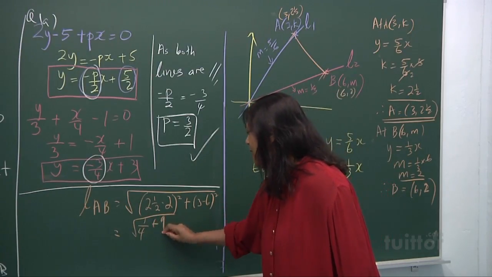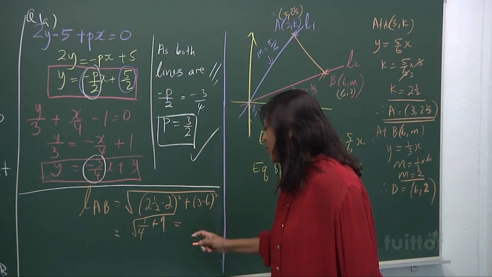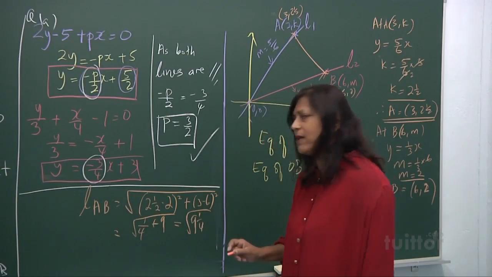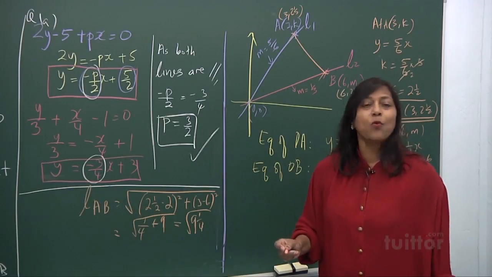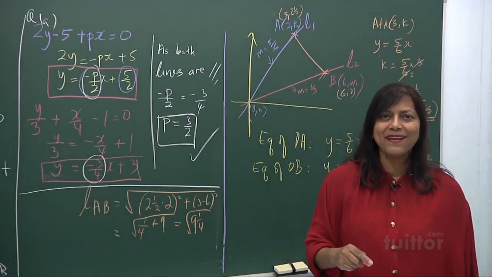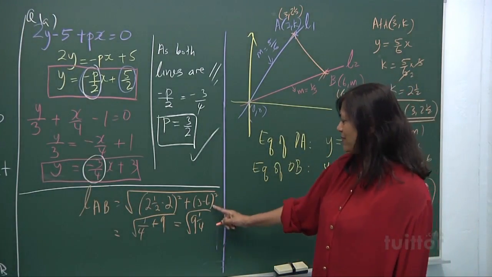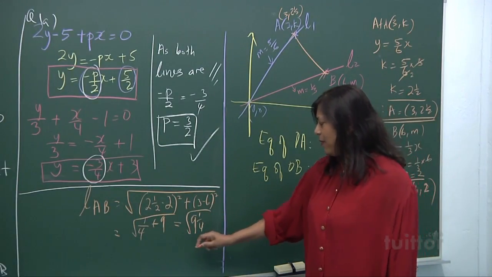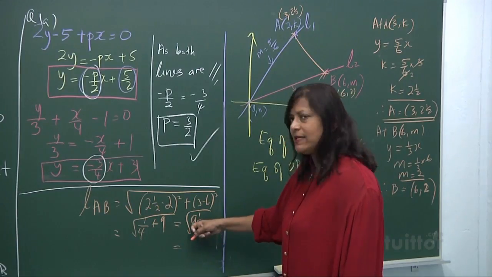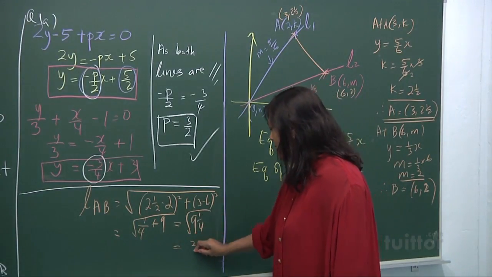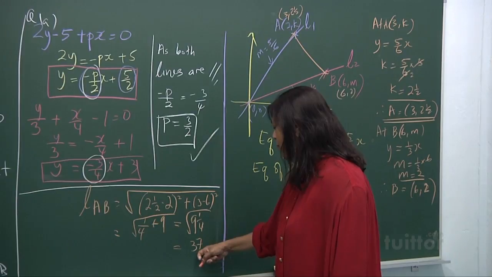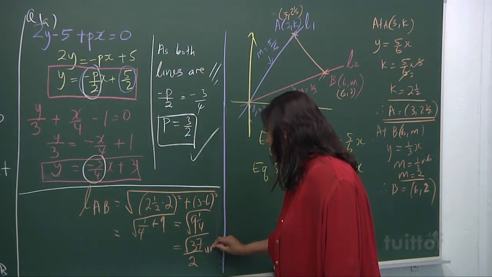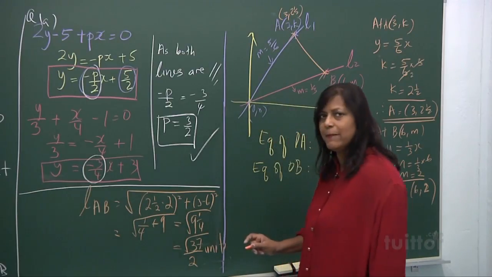So you get 9 and 1/4, sorry, that's what you should say, not 9/4. 9 and 1/4. Look at that, and that will mean you have 36 plus 1, which is 37/4. Find the square root of that, and that's the length of AB.